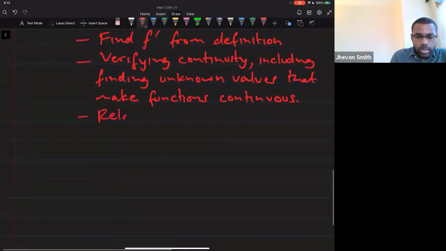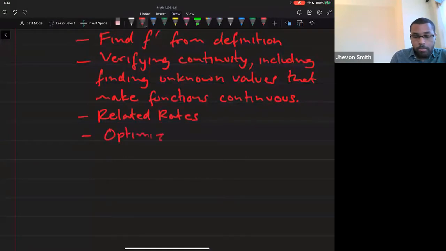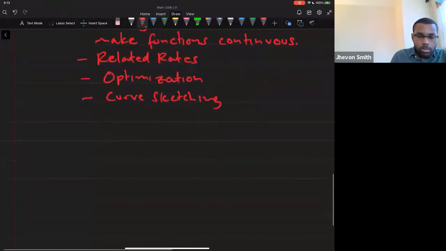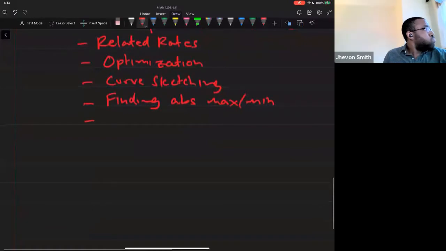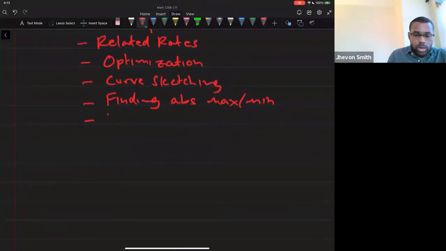Related rates. So there'll be one related rates problem. There's going to be an optimization problem. There's going to be a curve sketching problem. Finding absolute max min problem. That's the closed interval method. Mean value theorem or Rolle's theorem.